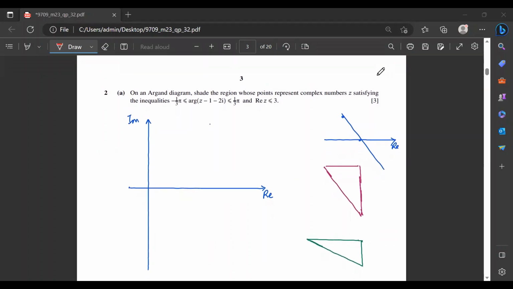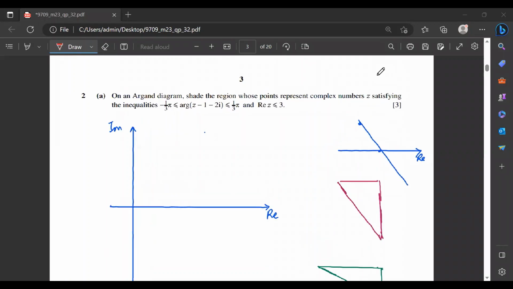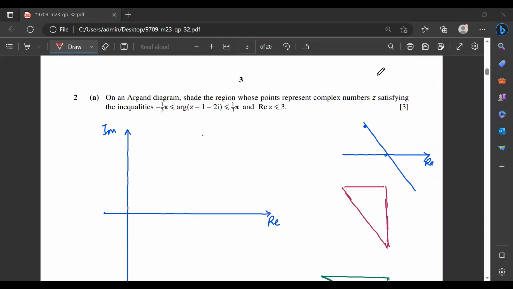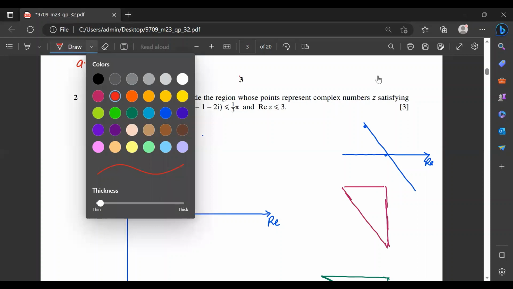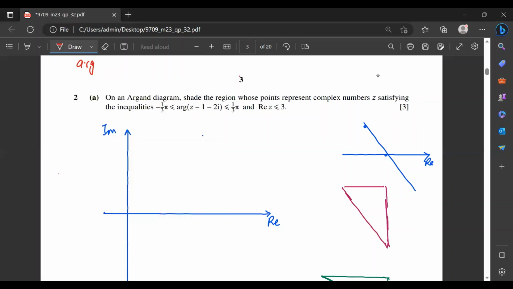So before starting this question, let us recall what argument actually is. I can write argument of (z minus 1 minus 2i) equals pi over 3.